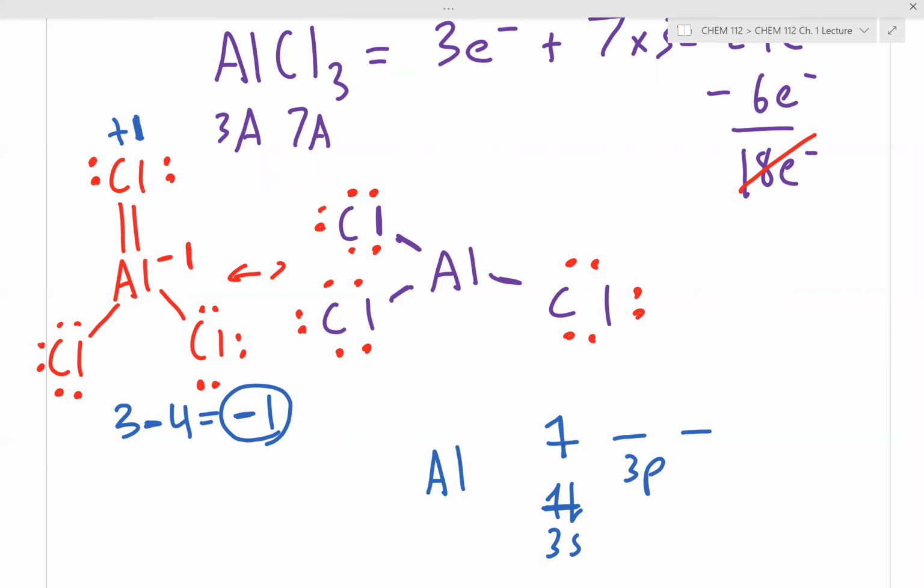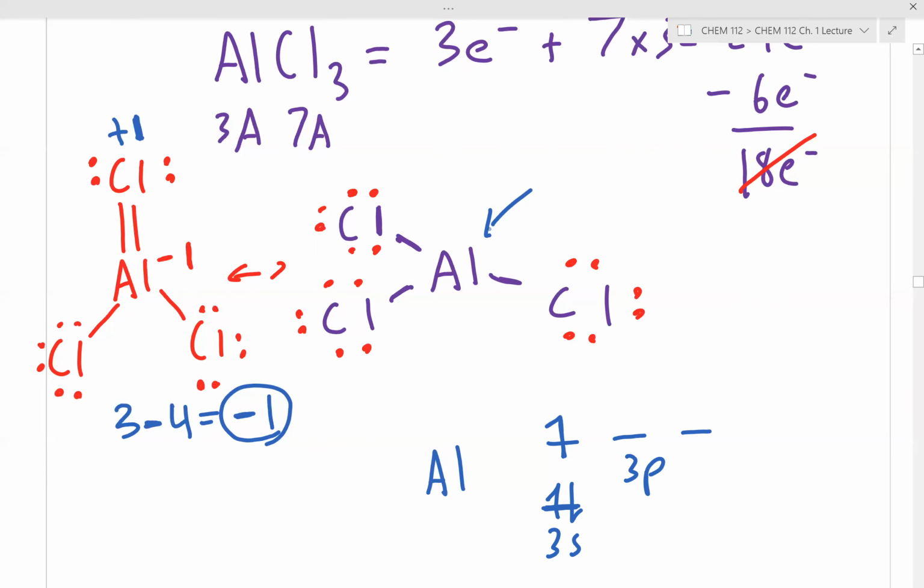Now, clearly we can't form these 3 bonds just using our atomic orbitals, right? Do we have enough half-filled orbitals to form 3 bonds? No, we can only really form 1 if we're just using the atomic orbital model. However, if we presume that aluminum can hybridize, considering how many single bonds aluminum has formed, what would the hybridization, theoretically, of aluminum be? sp2.